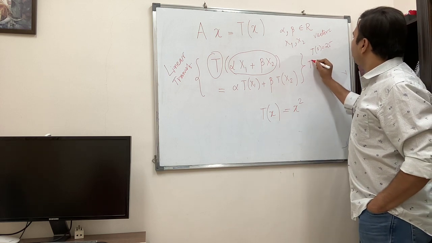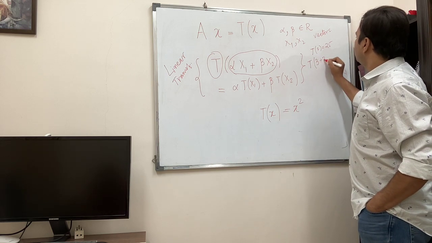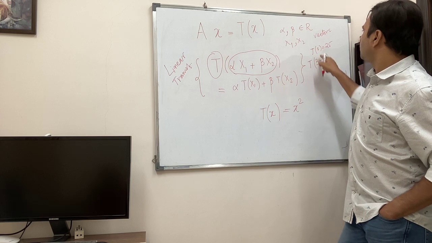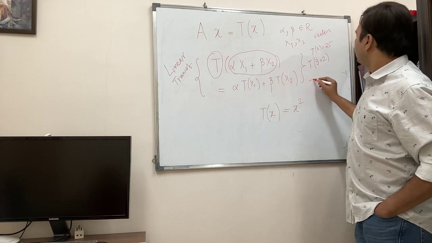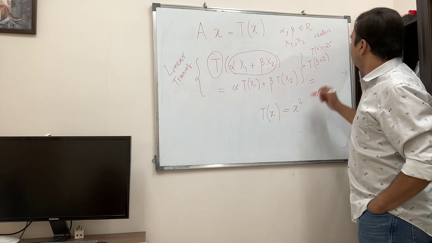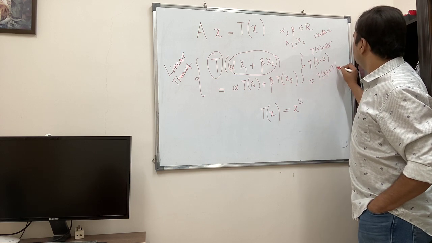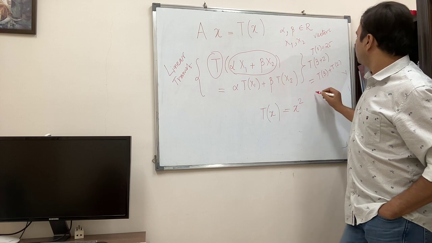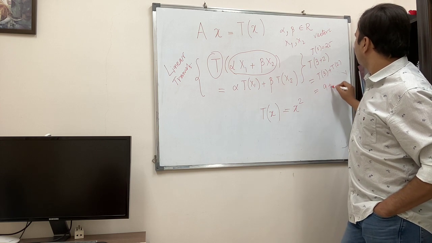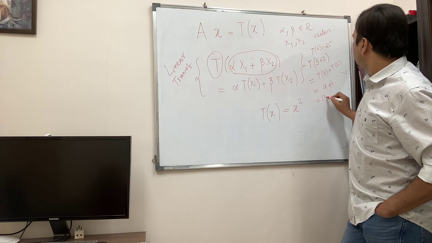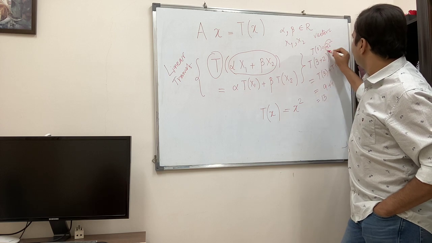But you can also write T of 5 as T of 3 plus 2. You can split 5 like 3 plus 2, and if it was a linear transformation, it should be equal to T of 3 plus T of 2. But if you compute T of 3, it will be 9, and T of 2 will be 4. 9 plus 4 is 13, which is not equal to 25.